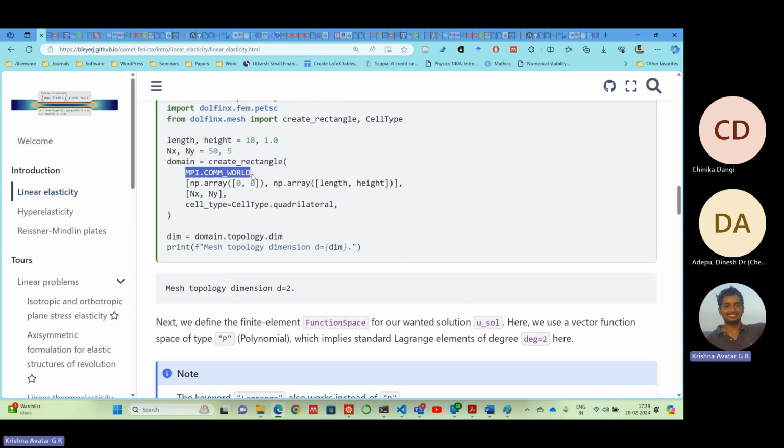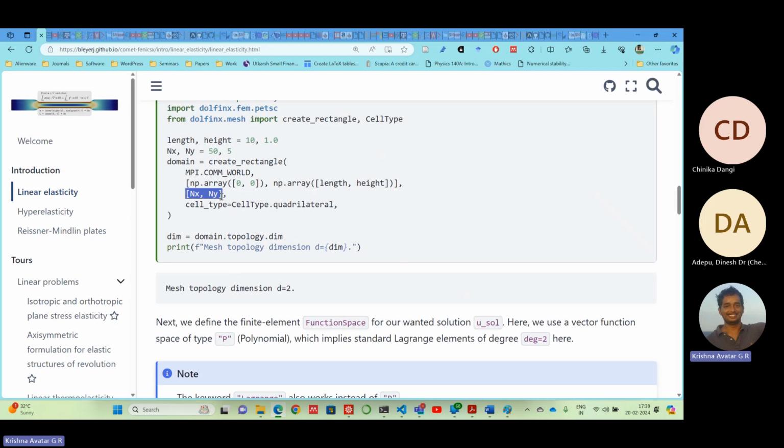We prescribe the communication network, and prescribe the diagonal ends of the rectangle. So 0, 0 is the vertex located at the origin, and length, height is the vertex located at the other end of the diagonal.